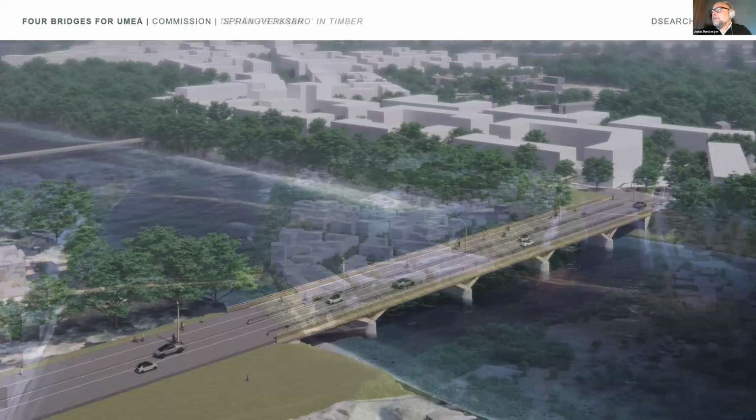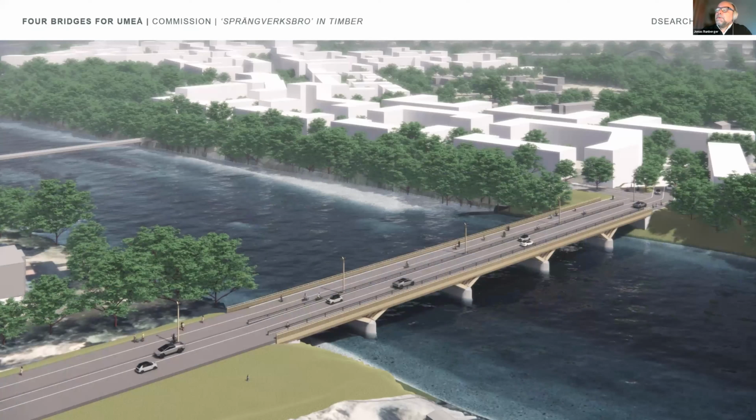But we took the opportunity to propose alternative bridge types in timber here with distances of over 200 meters. So this is what in Swedish is called a sprängverksbro, with these supports. The oldest car bridge in timber in Sweden has this principle. It's a few hundred years old.